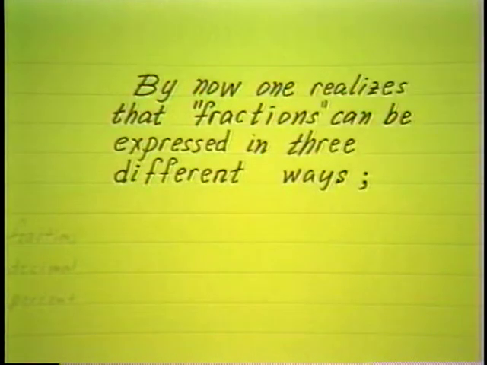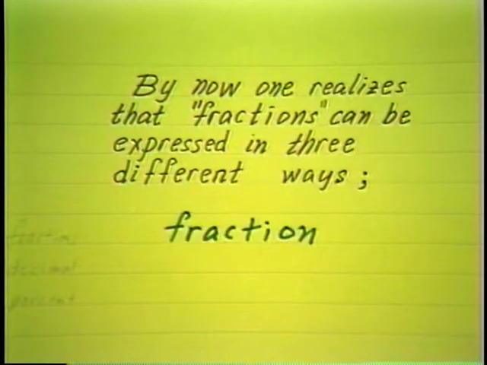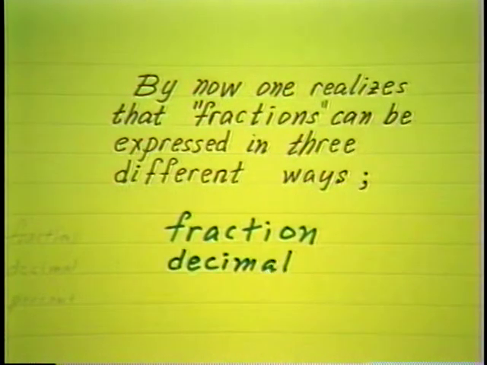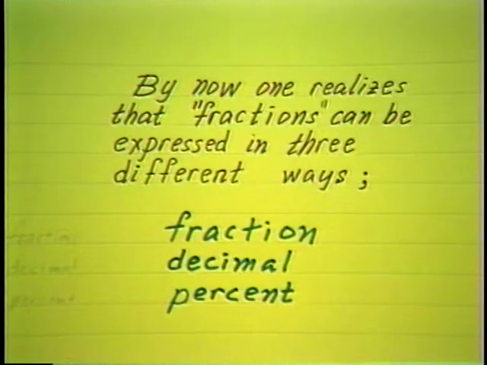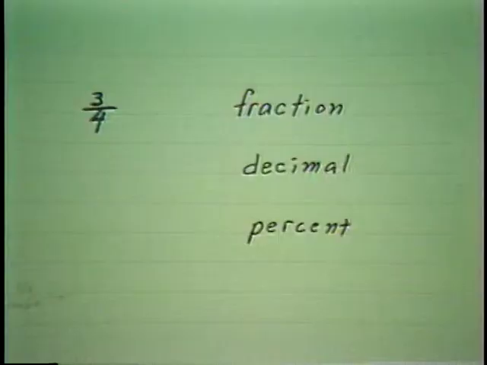But now one begins to realize that fractions can be expressed in three different ways. First as a simple fraction, and then the same number as a decimal, and that same number again as a percent. Most of this chapter so far has been involved with going back and forth from one form to the other.